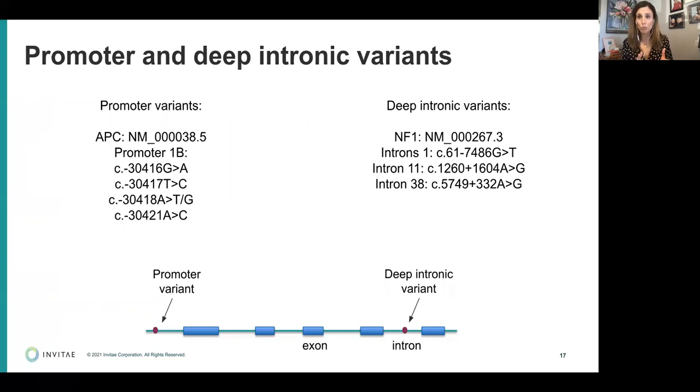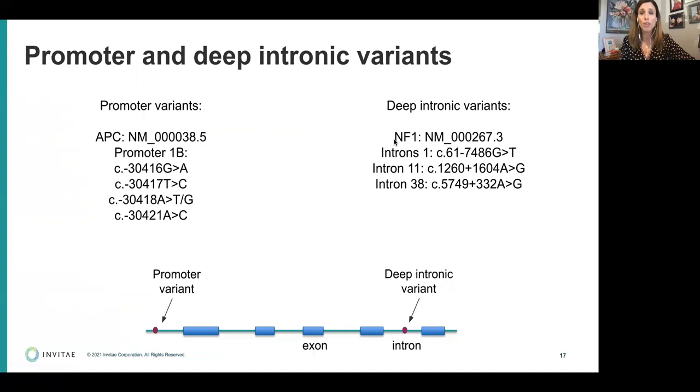So there are some diseases or genes where we know that this is common. In the APC gene, which is associated with familial adenomatous polyposis, we know that there can be some promoter variants that occur that can be associated with the disease in question. So for the APC gene, we know that analysis of the promoter needs to be included in the APC gene assay.